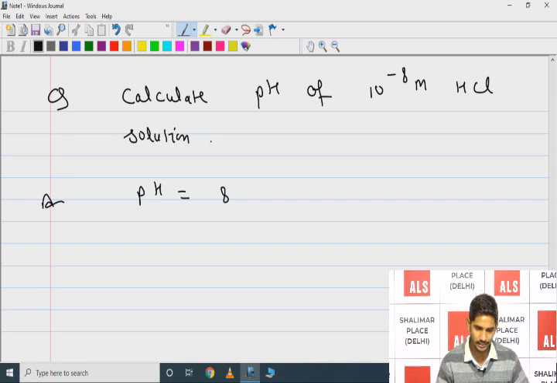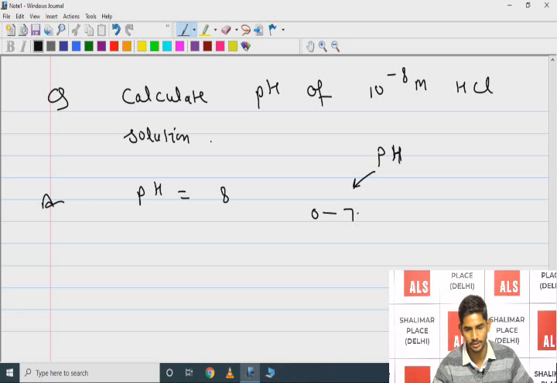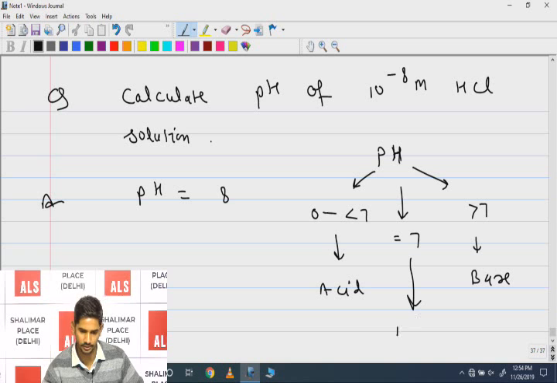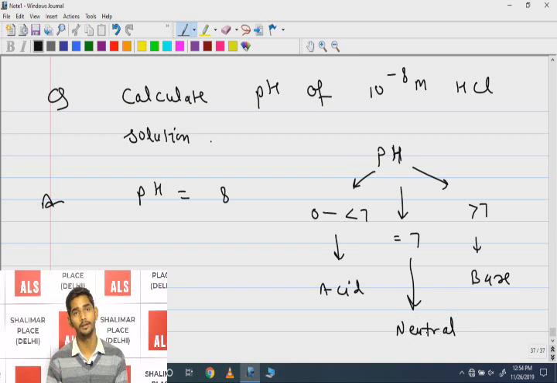If you are saying HCl is an acid, and you know that on the pH scale, 0 to less than 7 is one region, more than 7 is another, and here it is equal to 7. This represents the acid, this represents the base, and this represents the neutral. If you are saying that HCl is an acid, then how can you get the pH value 8?